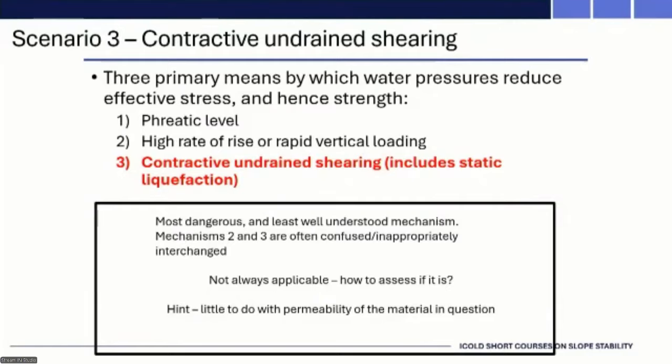You can have a CPT at a rate that puts you in a drained CPT, on the left of that normalized velocity curve, but that doesn't mean the soil cannot behave in a contractive fashion just because the CPT was drained.